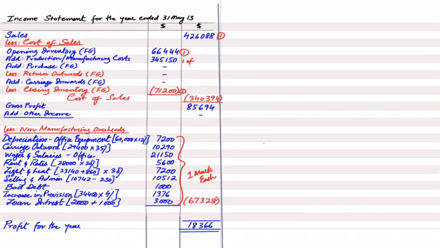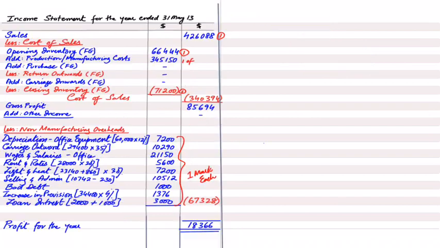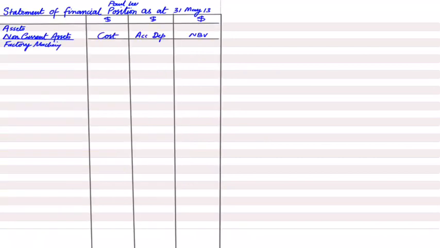Now we'll add this year's depreciation to this. In the current year, that is 2013, we have charged depreciation of 26,880, and previously the depreciation mentioned in the question is 75,600. We'll add up both of these figures to get the total accumulated depreciation till date. 75,600 plus 26,880 becomes 102,480.